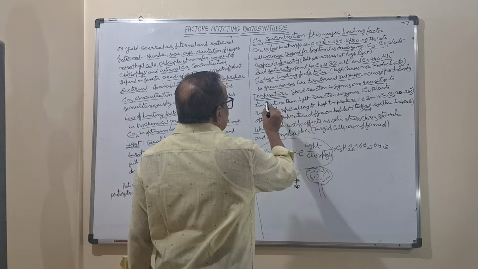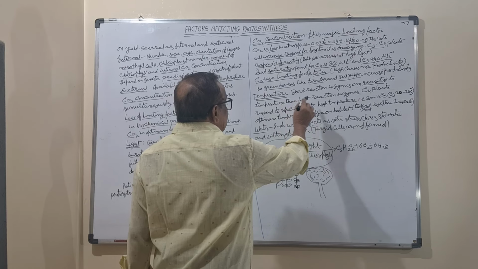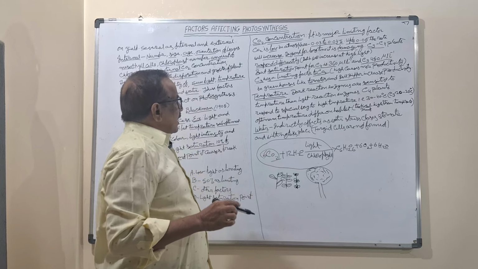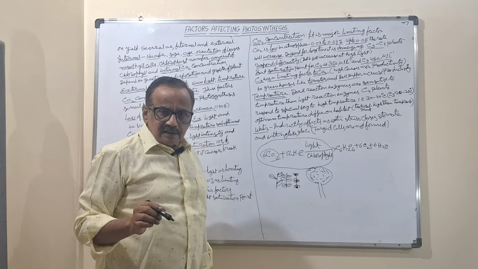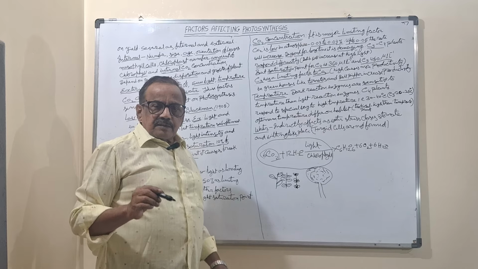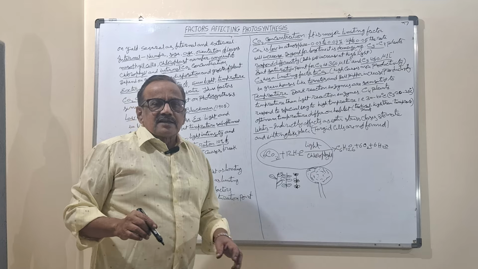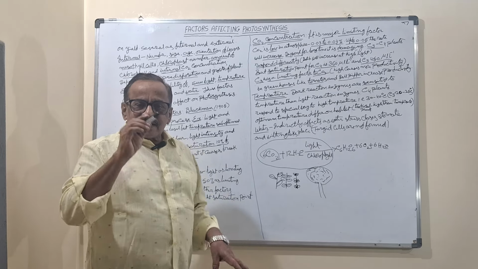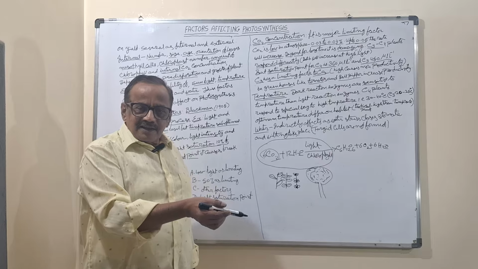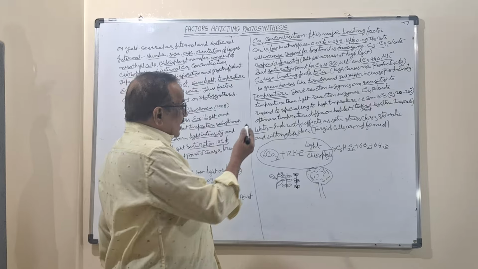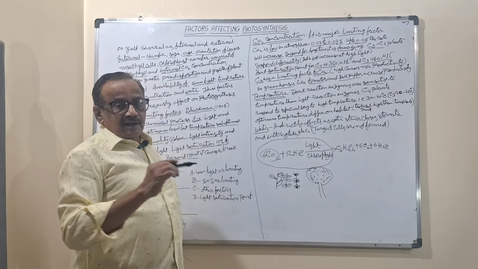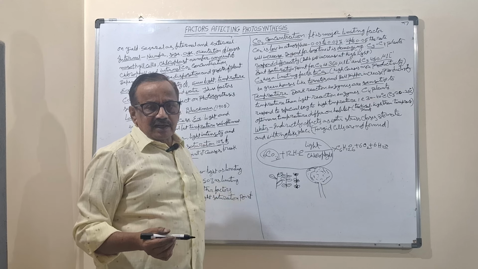So these are the things about temperature. Dark reaction enzymes are more sensitive to temperature than light reaction enzymes. So when the temperature increases, the dark reaction will become slow and the light reaction will increase. That causes photorespiration, which I explained in detail in the previous video. He has given that in the book also. Now, C4 plants respond by a special mechanism to avoid photorespiration.